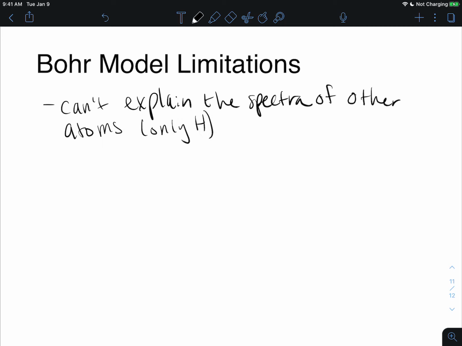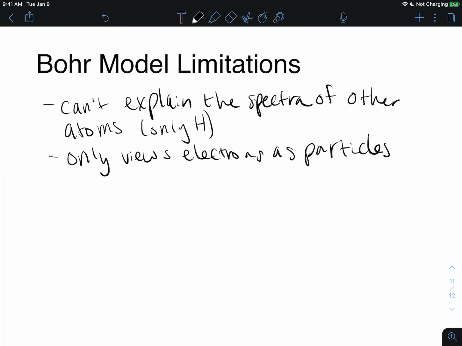And then it only views electrons as particles. So it doesn't look at them as a wave. It ignores the wave properties of electrons.